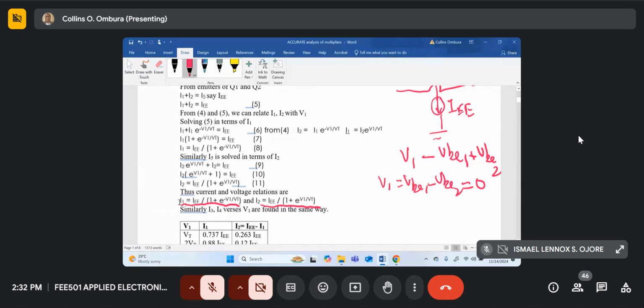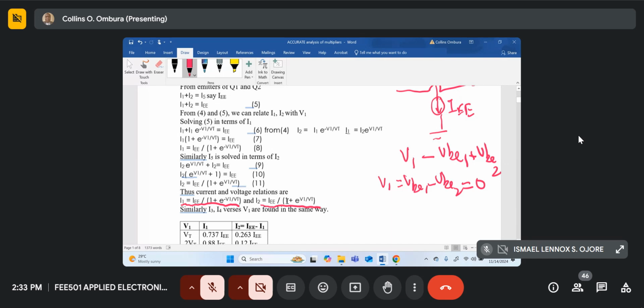So just remember that for the first transistor, in the brackets, we have 1 plus e to the minus V1 over VT. And for the second transistor, in the brackets, we'll have 1 plus e to the V1 by VT. So these are the two equations we are going to be using.